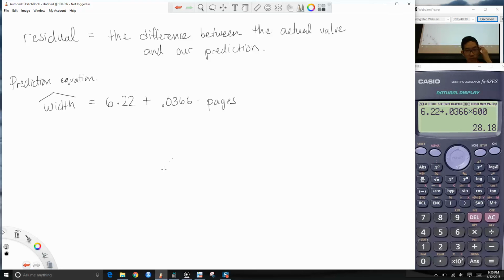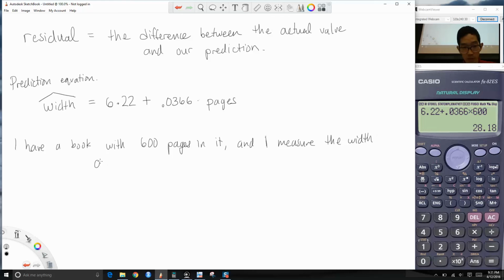Let's say I have a book with 600 pages in it, and I measure the width, and it is 31 millimeters thick, 31 millimeters wide.